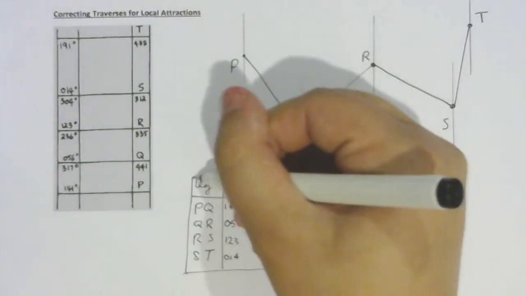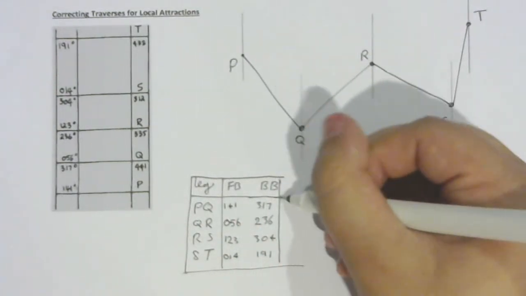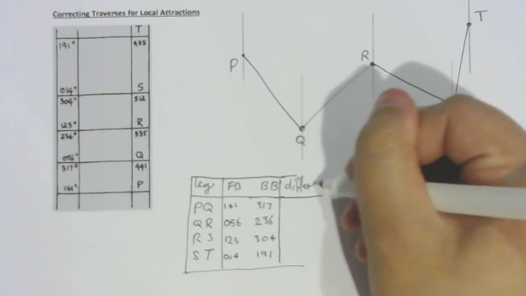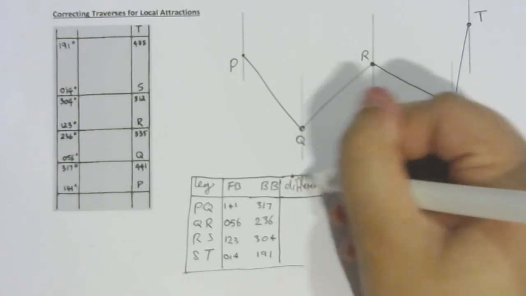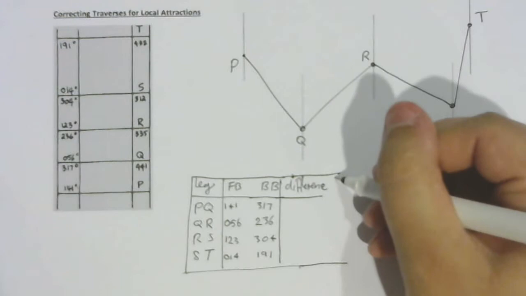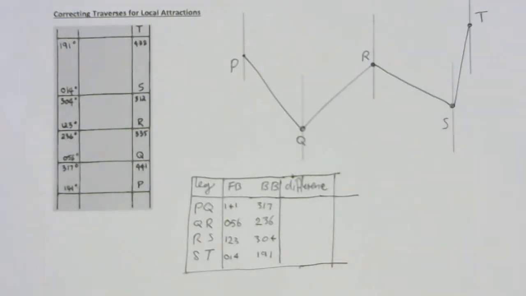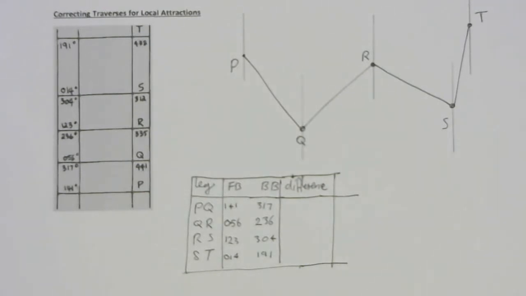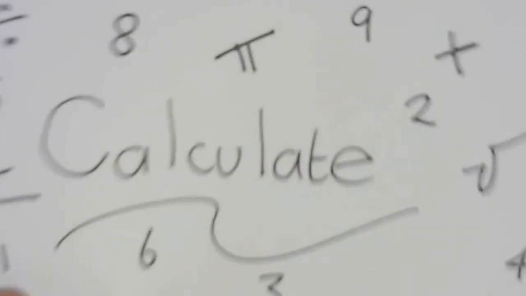Now, per definition, assuming that everything is correct, the difference between these should be exactly 180. So let's figure out what these differences are. All right. So calculate these.